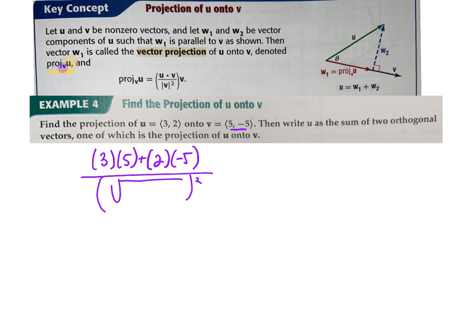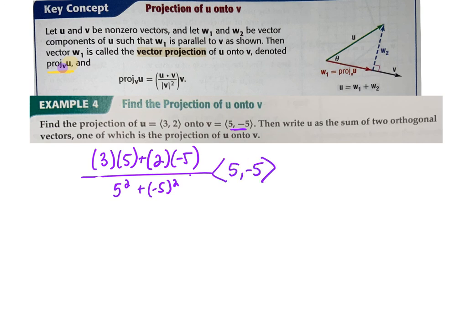The square root cancels. So I don't even have to worry about this square root. I just have to do the first one squared plus the second one squared. But I want to show you why that happens because the formula has it squared. So I'm going to say 5 squared plus negative 5 squared. And that is times my vector V, which is 5, negative 5.